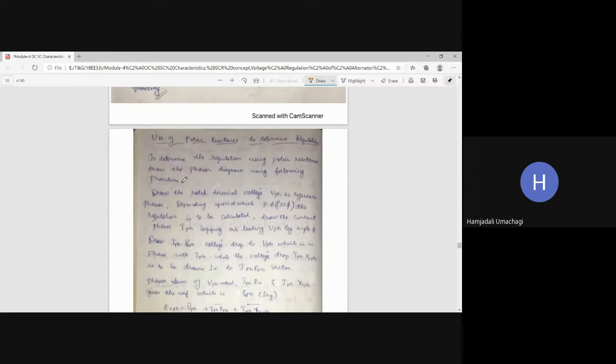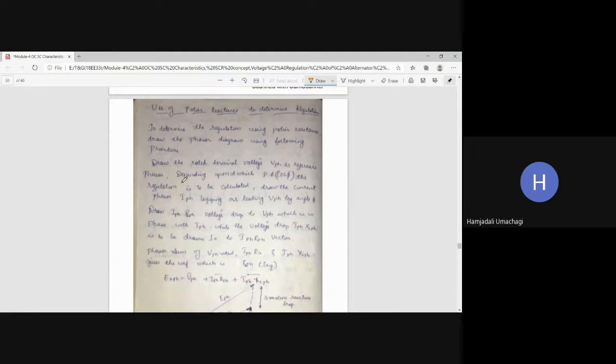For IA XL and IA RA, we are using the formula EPH equals square root of (V phase cos phi plus IA RA) whole square plus (V phase sin phi plus or minus IA into XL) whole square, instead of taking XS here we take XL. So we are completely treating IA into XL as an EMF quantity, because this formula is used in the EMF method or pessimistic method. You can see here.